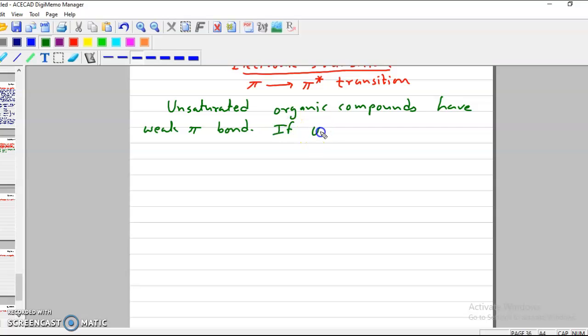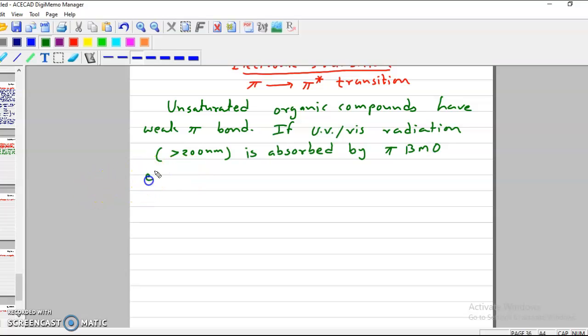So if ultraviolet visible light or radiation, normally greater than 200 nanometer, is absorbed by a pi bonding molecular orbital electron, then it will transfer to pi star, the anti-bonding molecular orbital.